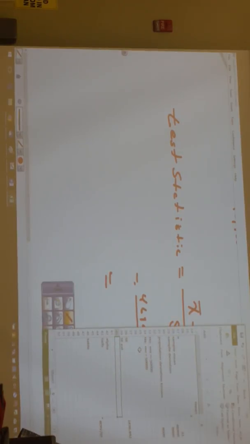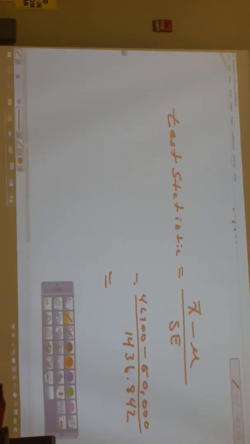I'm going to come down here and calculate the test statistic. Statistics, here we go again. So that's going to be equal. Now to do this in Excel, what do I have to do? What did we just do? What did we write here?